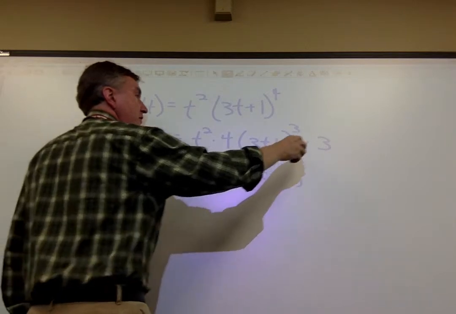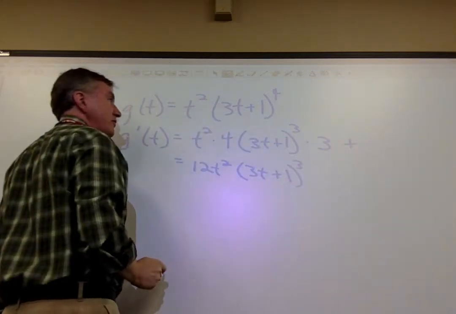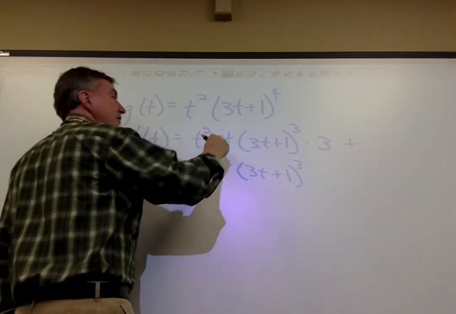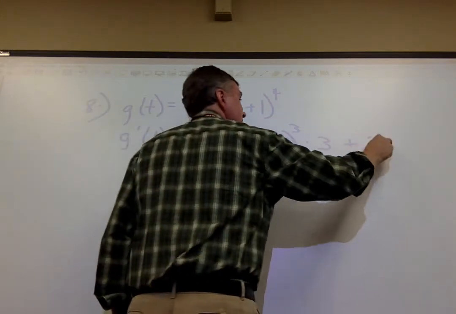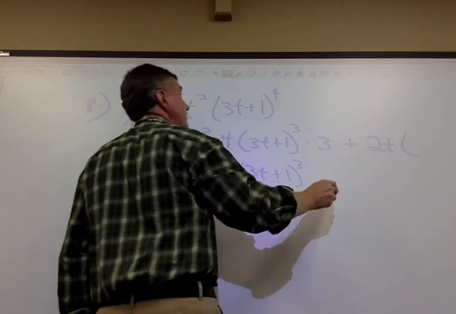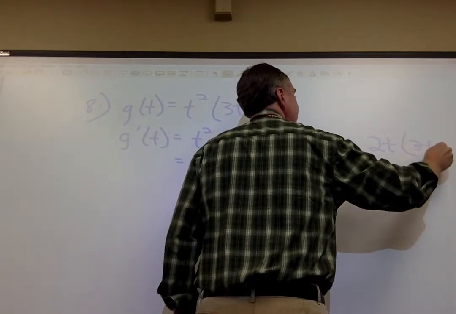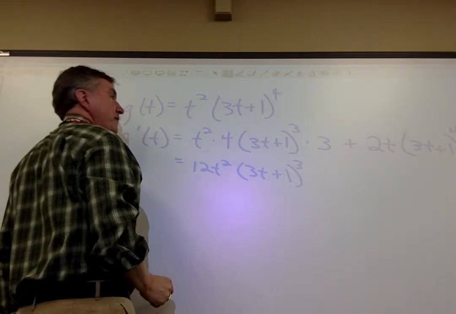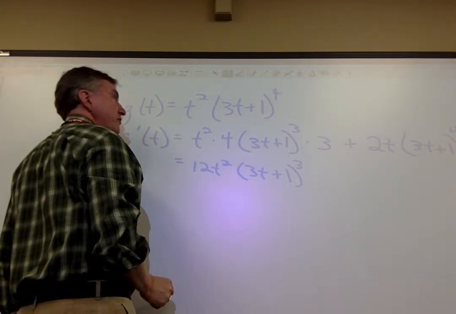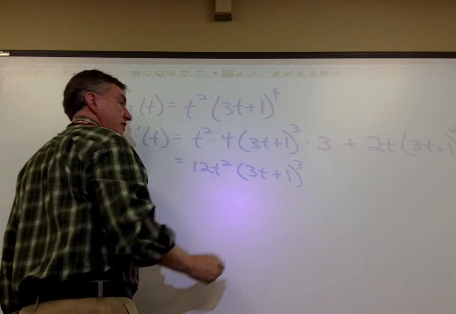For this part, plus I have to do it the other way, right? This was first times derivative of second plus derivative of first times original second. You agree with that? Derivative of first times original second.